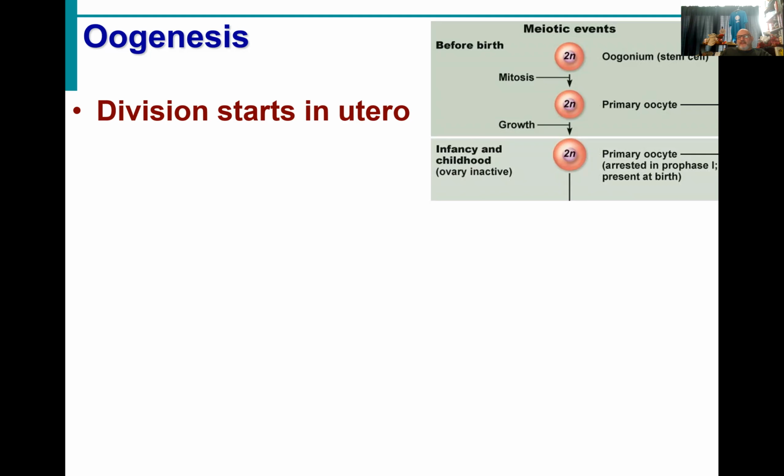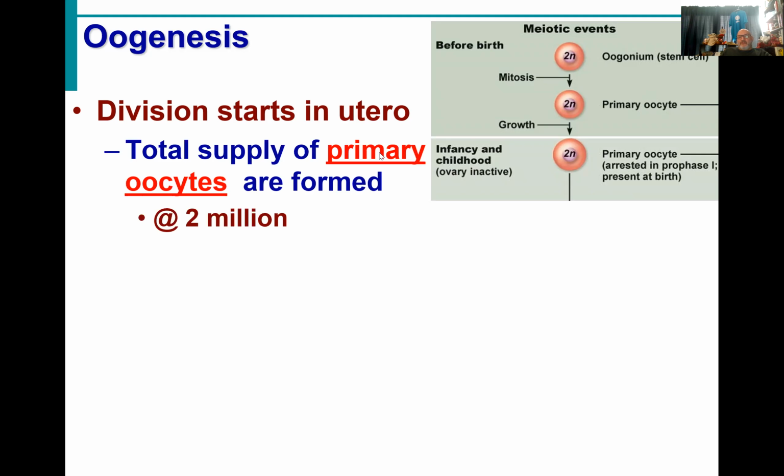Those primary oocytes start meiosis 1. But again, they freeze at that point. And so at birth, all the mitosis is done. And like I said, the female is born with only about 2 million primary oocytes frozen in prophase 1.